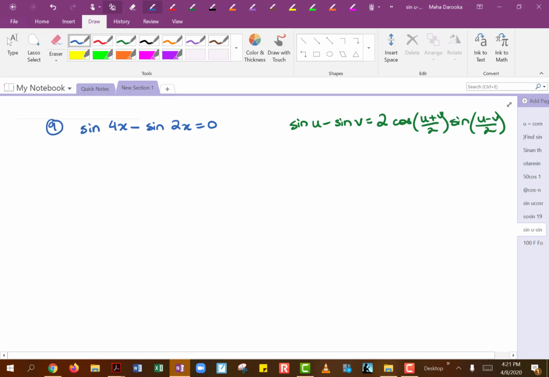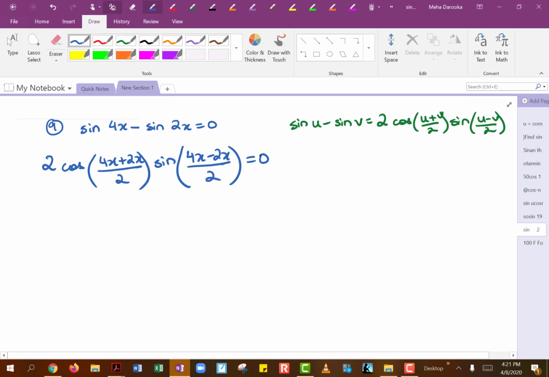So this will become 2 times cosine of 4x plus 2x over 2, multiplied by sine of 4x minus 2x over 2, and of course this is still equal to 0.